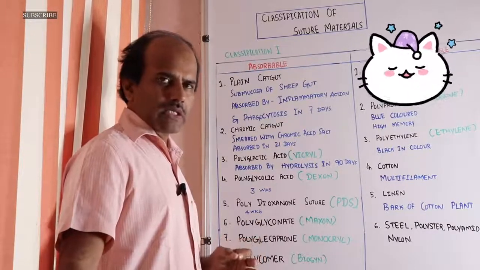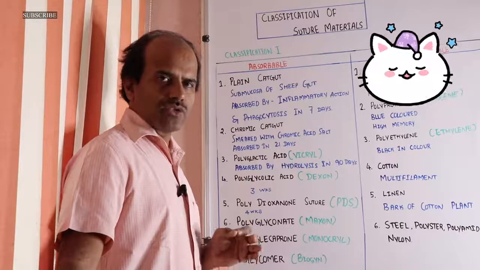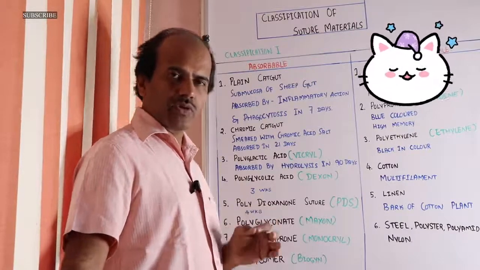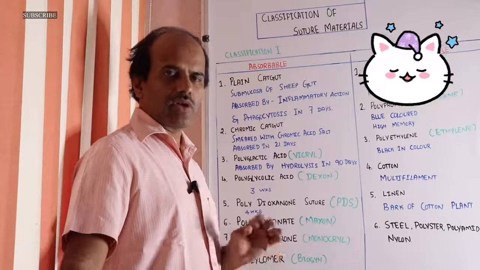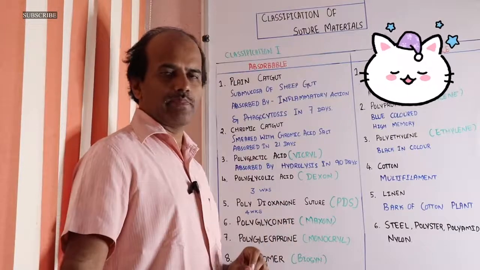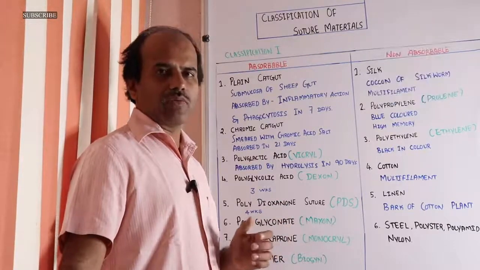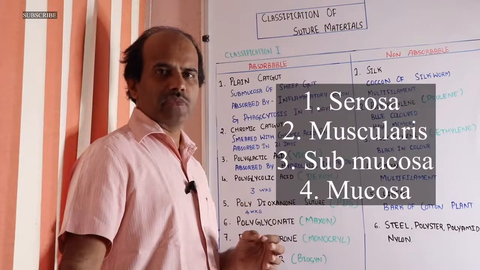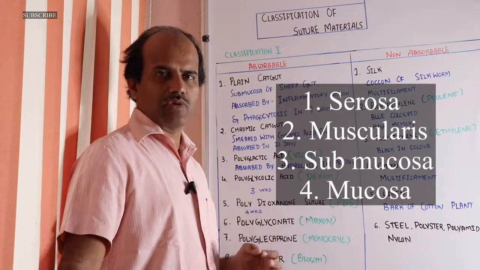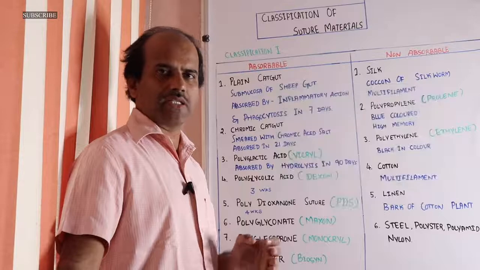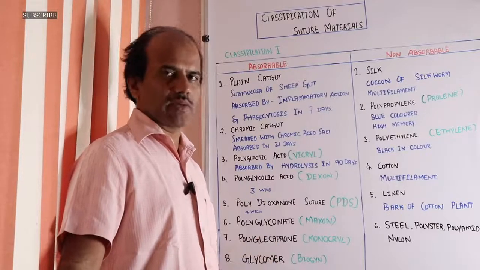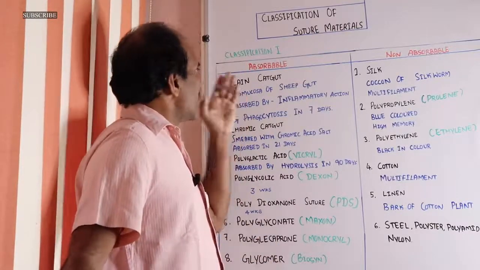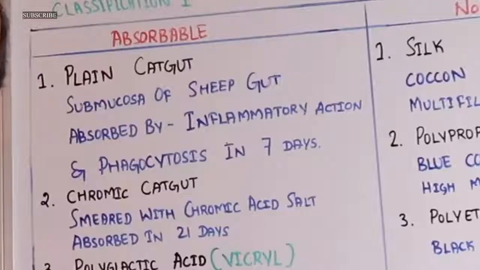We are using the submucosa of the sheep, particularly the jejunal part of the intestine. Among the 4 layers of the intestine, serosa, muscular, submucosa and mucosa, the submucosa is the toughest layer, so we use it for the synthesis of the suture material.